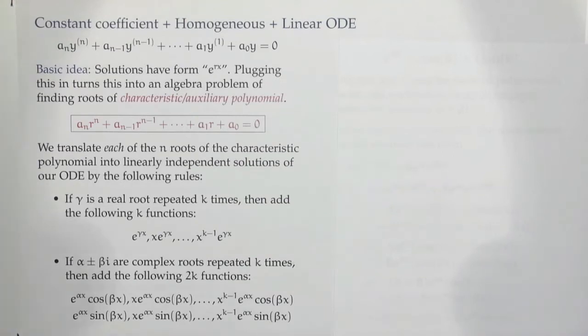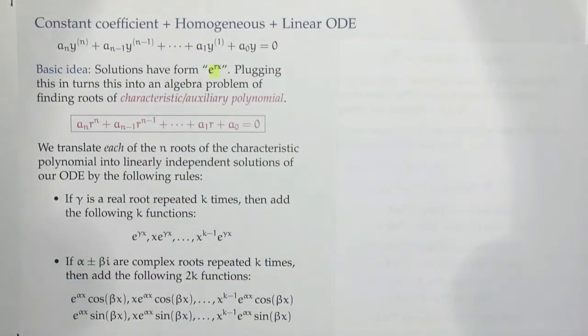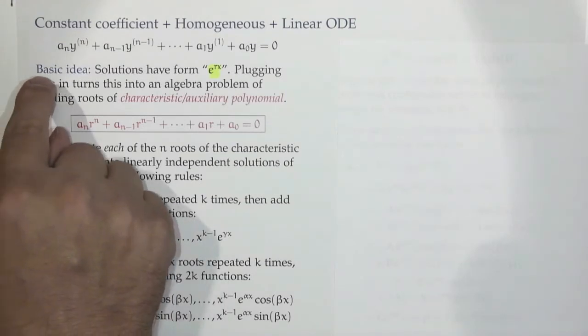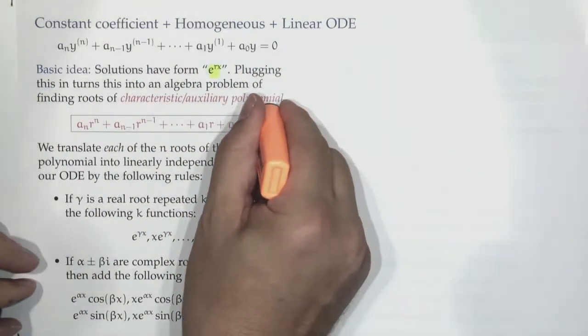See, look, all solutions should look like e to the rx. And we say, okay, great. And so what we do is, if that's our solution, you plug it in, just like you would if you were verifying. And you say, well, what does that say? Well, it turns a linear differential equation problem into an algebra problem.